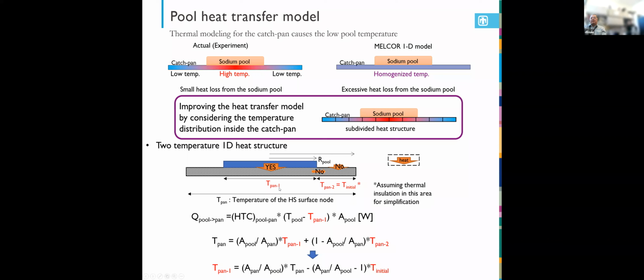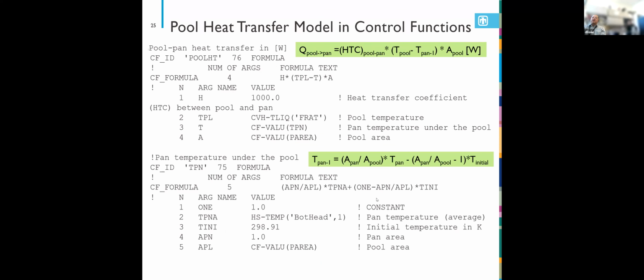T_P' 1 is the temperature underneath the pool, and showing here is this equation. You can derive it: the heat power, in watts, equals the heat transfer coefficient times this quantity, the temperature times the pool area. So you can calculate the temperature T_P' 1, shown here in this equation, and translate it into control functions.